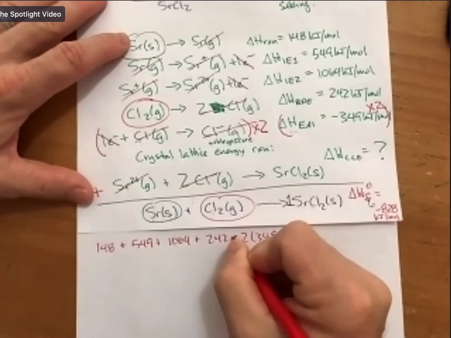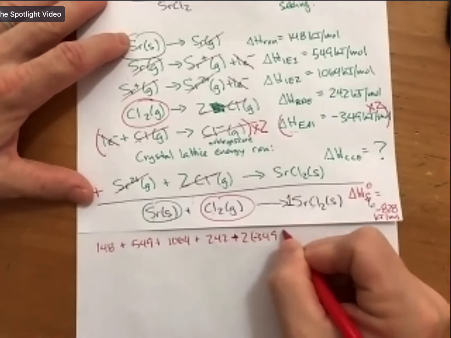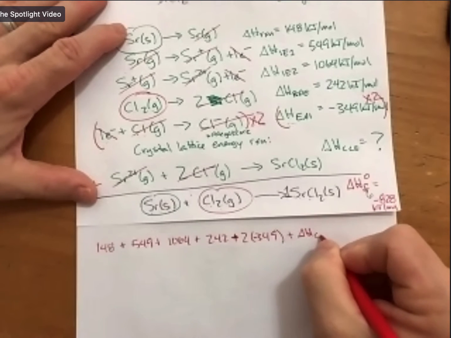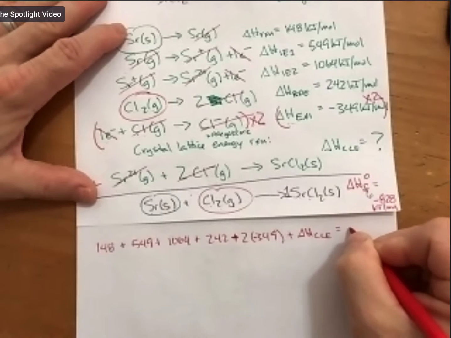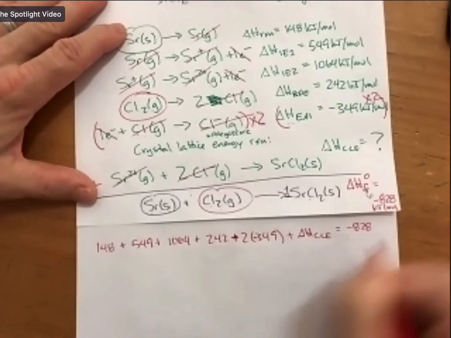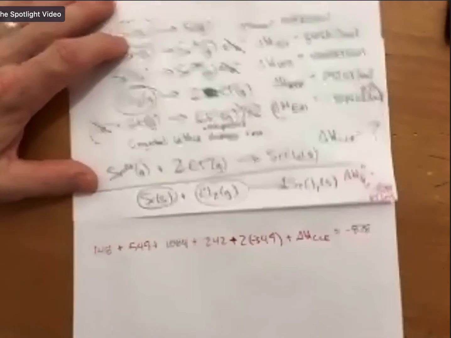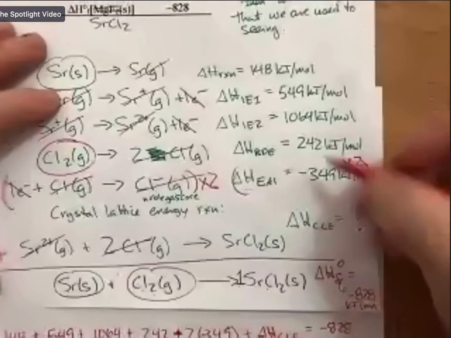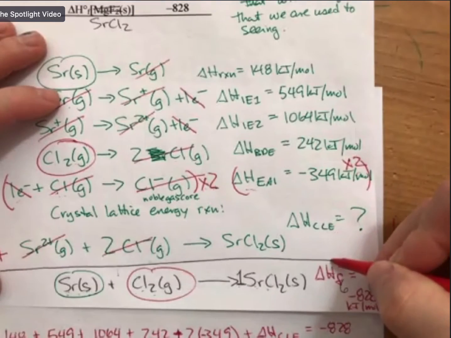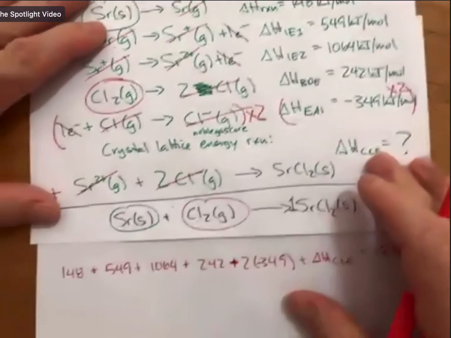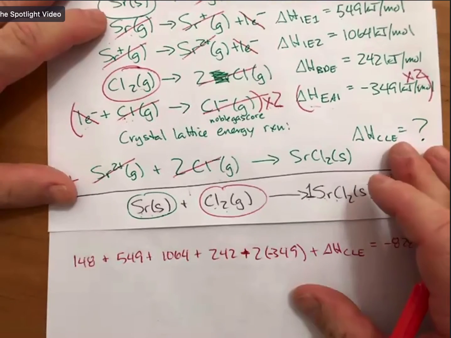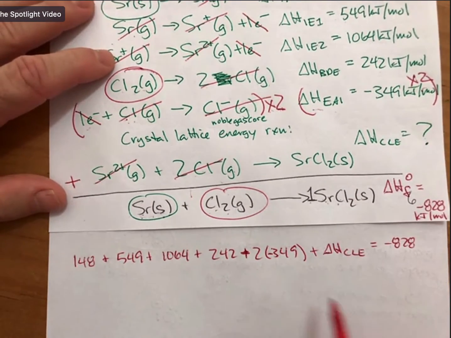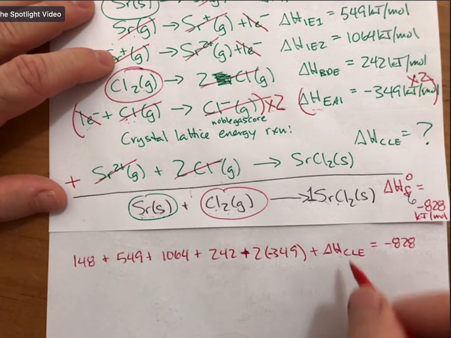I guess technically I should say plus a negative, plus delta H crystal lattice energy equals minus 828 kilojoules per mole. So this is all of these reactions, delta H values added up. And it may not be the world's biggest Hess's law problem, but it's certainly the largest Hess's law problem we do in this class. But once you get here, this is your X.